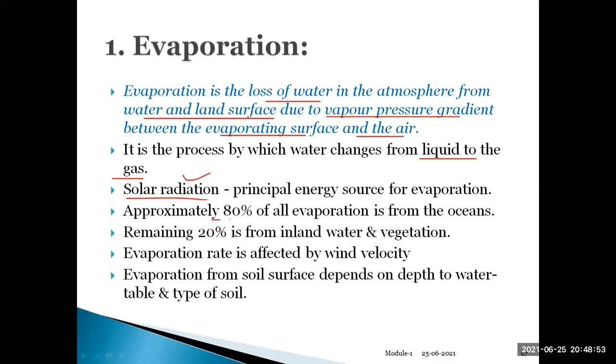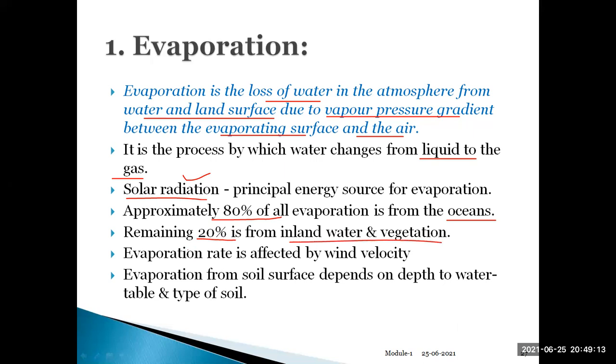Approximately 80% of the evaporation is from the ocean, as the ocean carries a large quantity of water. The remaining 20% is from inland water and vegetation.